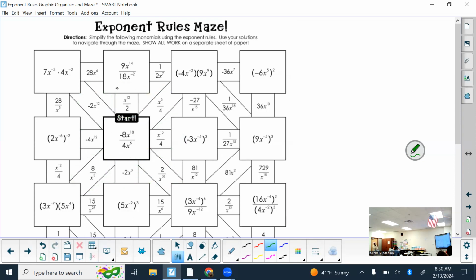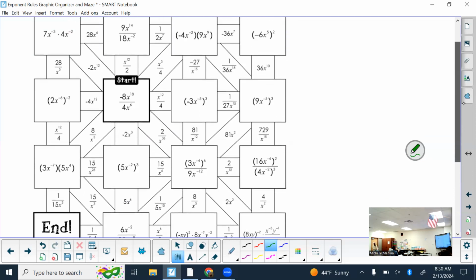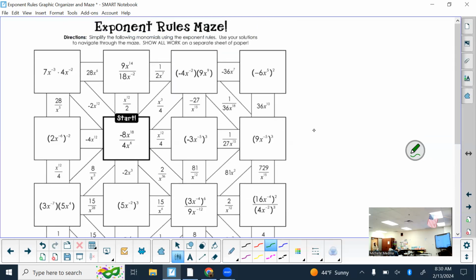As with any maze, sometimes you run into a dead end and then you know you did something wrong. Or you get to another problem and there's no right answer coming out of it, then you know you did something wrong. I don't know how long it'll take you, but an hour should be enough. When you turn it in, there's going to be a folder back there with the answers.